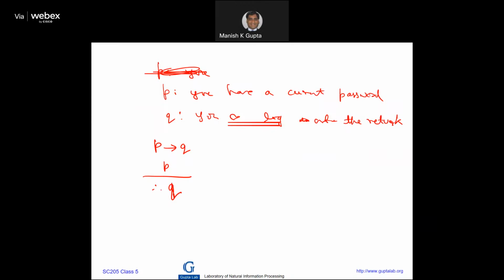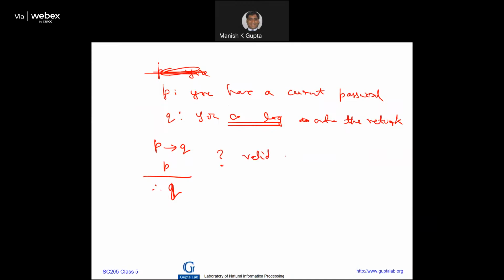If P implies Q is true and P is true, then Q will be true anyway, right? So we call it, therefore, assuming P and Q are these two things I am saying. P: you have a current password. Q: you can log into the network. P implies Q should be true and P is true. Therefore, Q is true, right? So this is a valid argument. The question is, is this a valid argument?